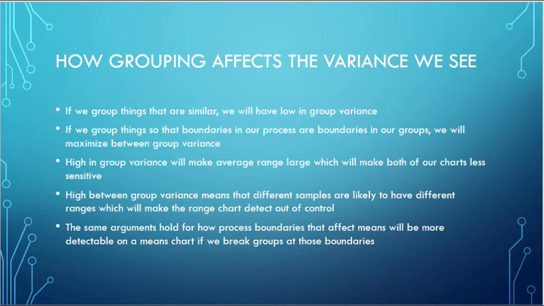So rational subgrouping is grouping based on the boundaries within our process, and it has the effect of maximizing between group variance and minimizing in group variance, and this is going to make our charts more sensitive to things that are out of control.